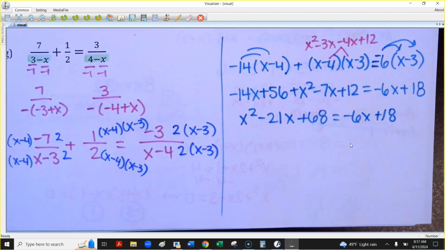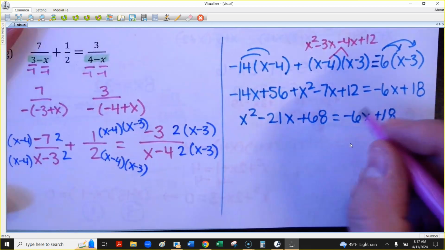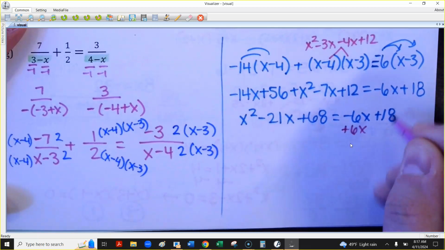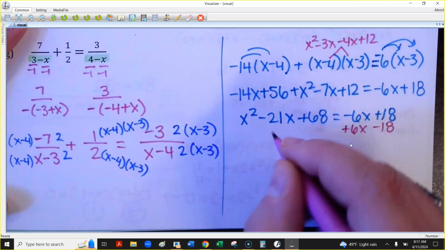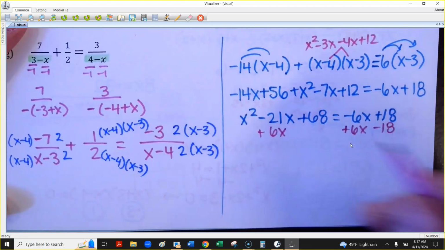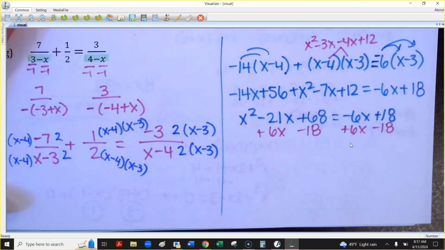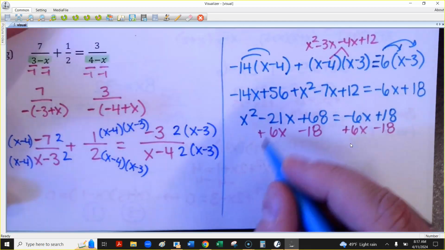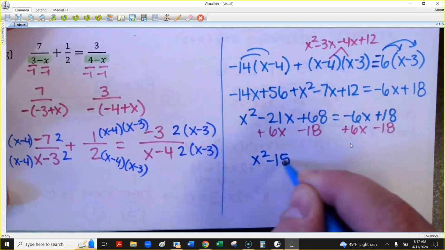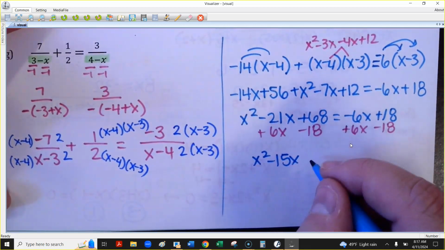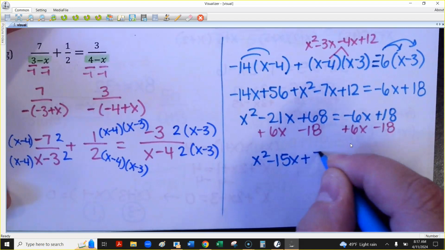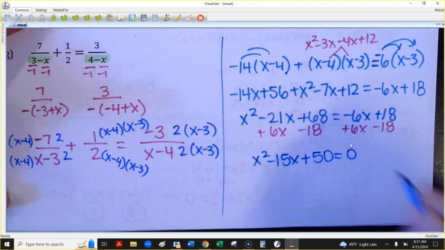So I'm going to add 6x, and I'm going to subtract 18 when I set this equal to 0. So we're going to have x squared minus 15x plus 50 equals 0.